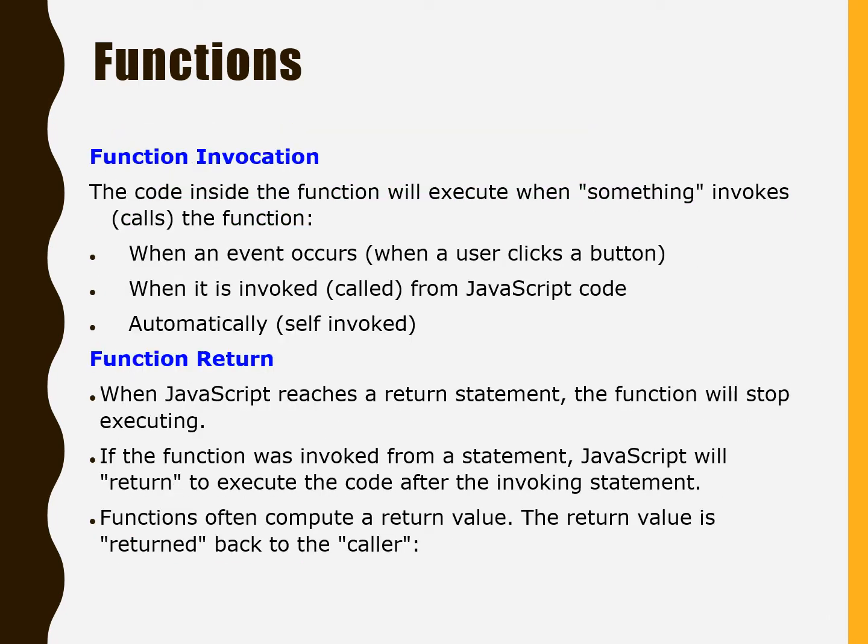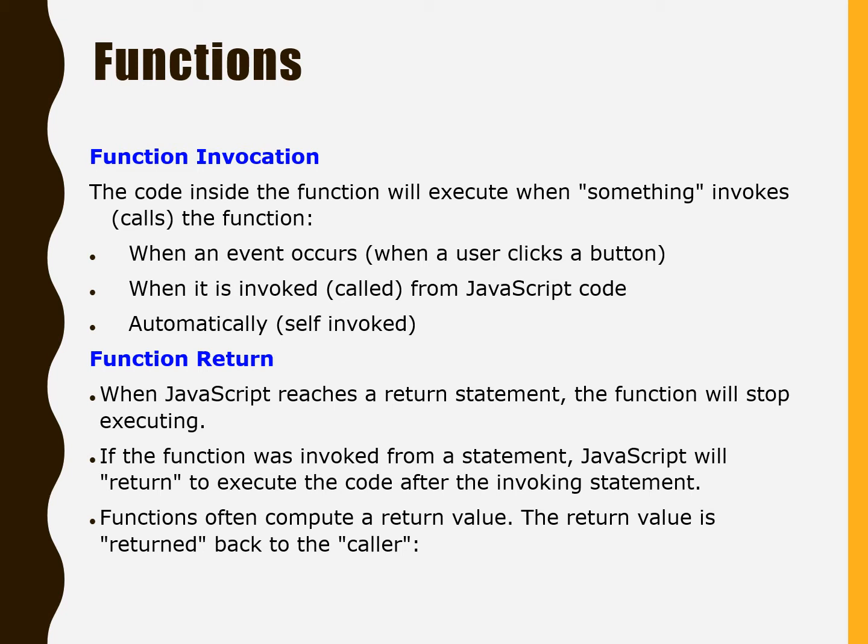Now we can see how we can invoke a function and we can see the function return value. Function invocation can happen in some situations or for some reasons. The code inside the function will execute when something invokes the function.